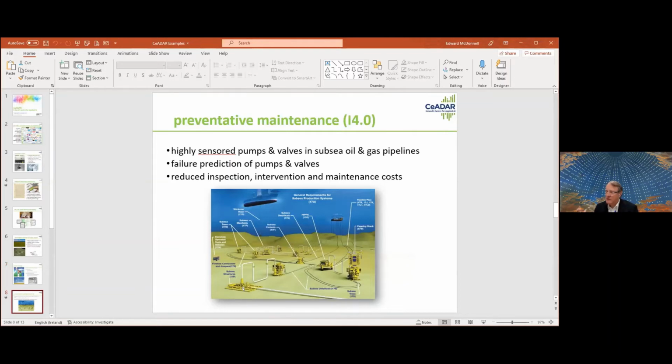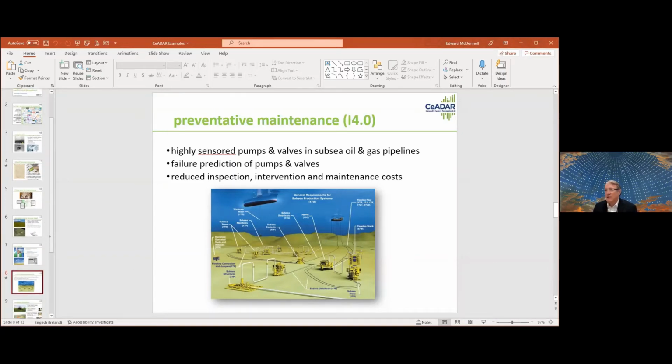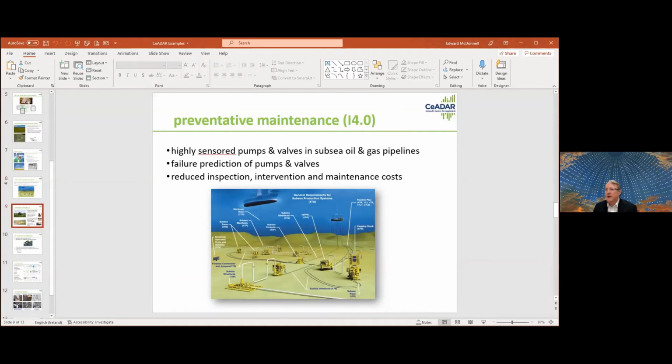But because these pumps and valves are very highly censored, we can predict when they're about to fail. So you can gracefully charter a ship, let's say months in advance of the failure, and at your leisure, replace the pump and valve, rather than be met with a very serious ecological situation.